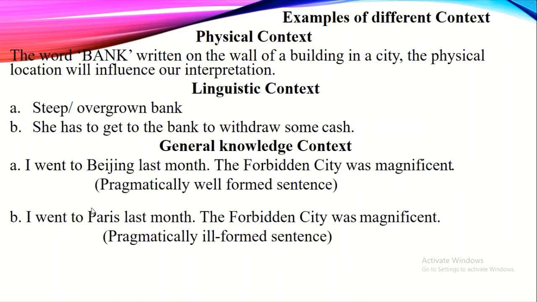In contrast, "I went to Paris last month. The Forbidden City was magnificent" is an ill-formed sentence because Paris is not the city with the Forbidden City. The Forbidden City is in Beijing, China, not in Paris. So this sentence is pragmatically ill-formed.